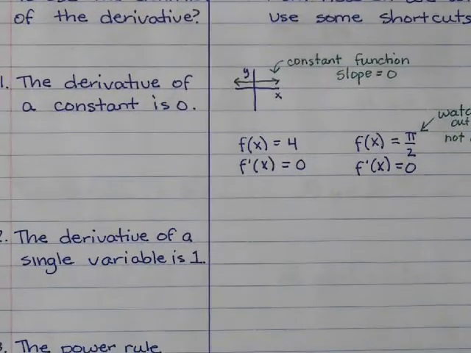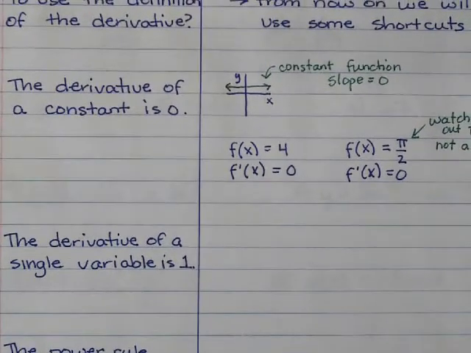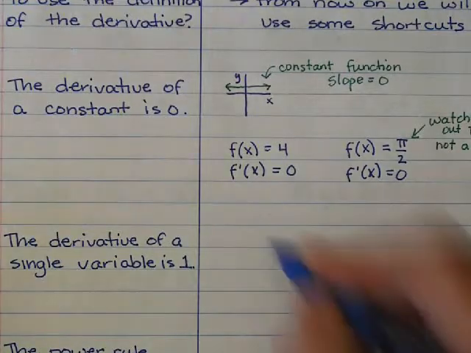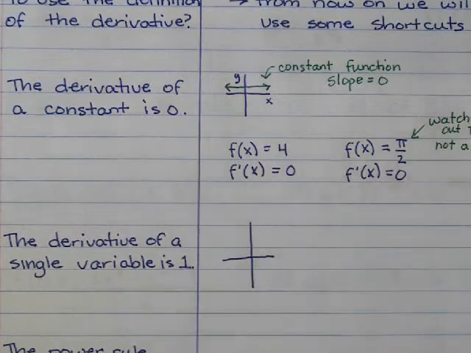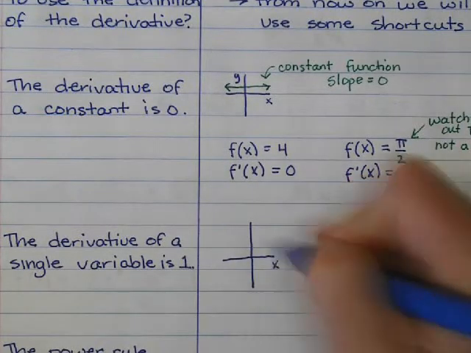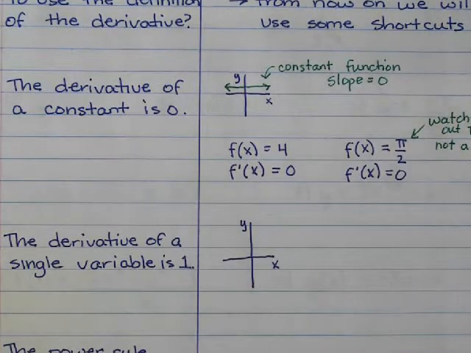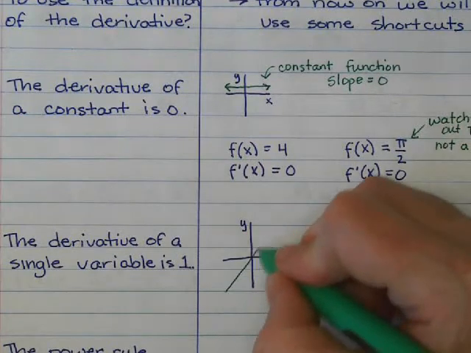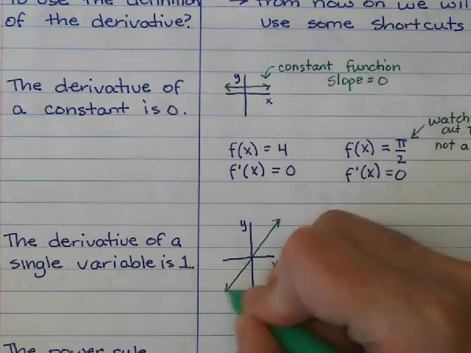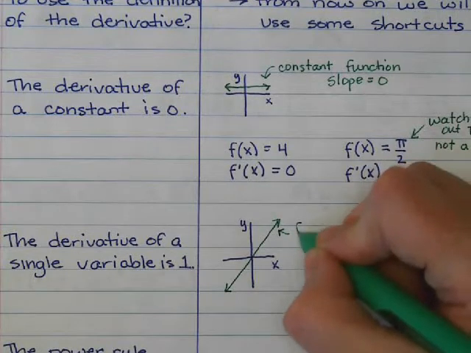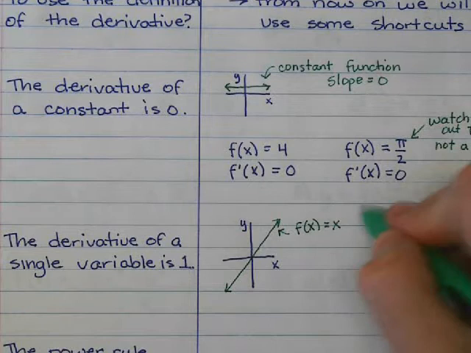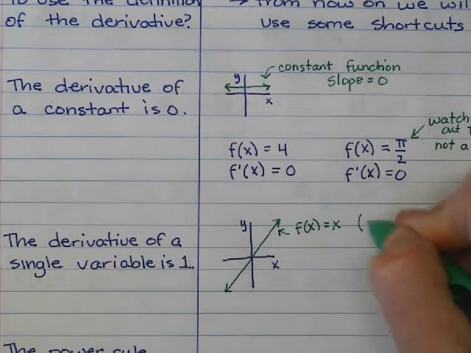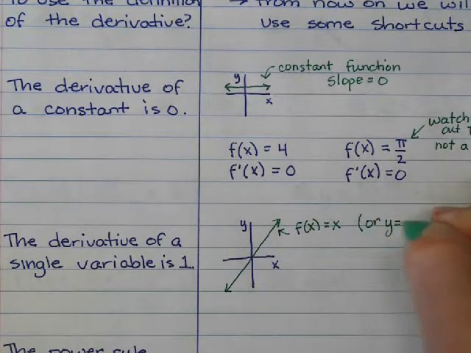Okay, now if we have the derivative of a single variable, that's always going to be 1. And again, I want you to make sure that you understand why it's doing this. Okay, so let's say that this is the function f of x equals x, or you can think about it as the y equals x line.